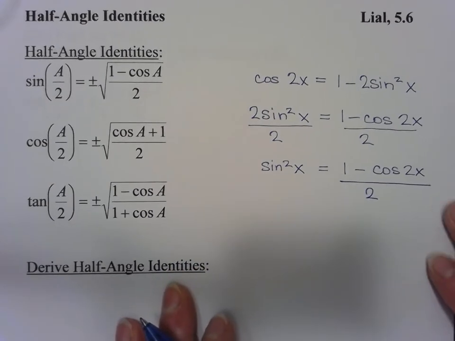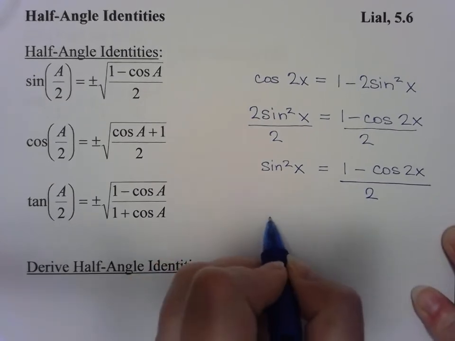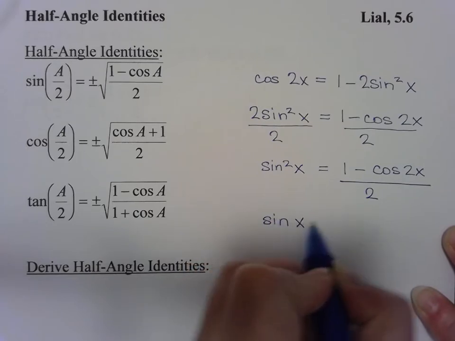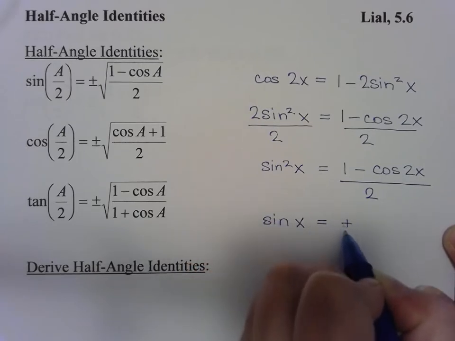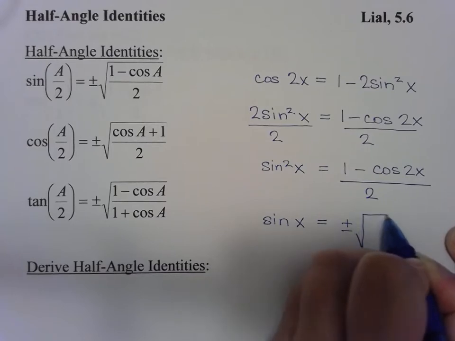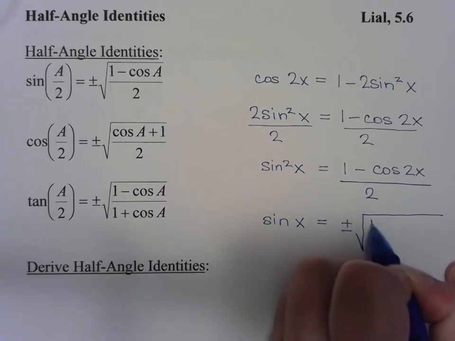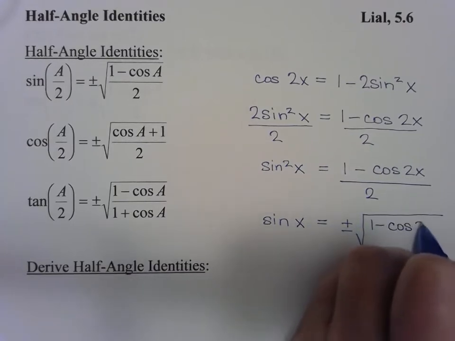I don't want the sine squared, I want sine itself. So I'm going to take the square root of both sides, and I need to use that plus or minus.